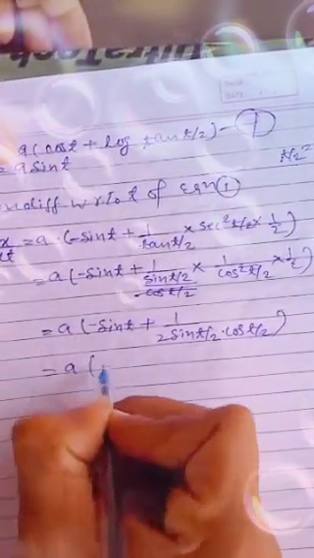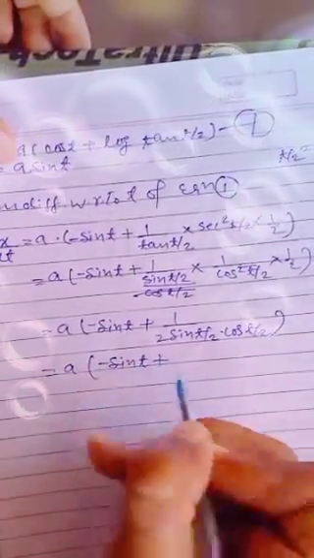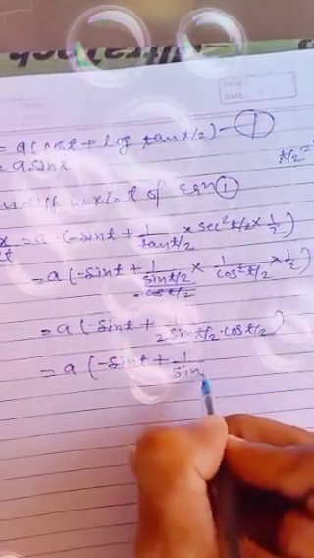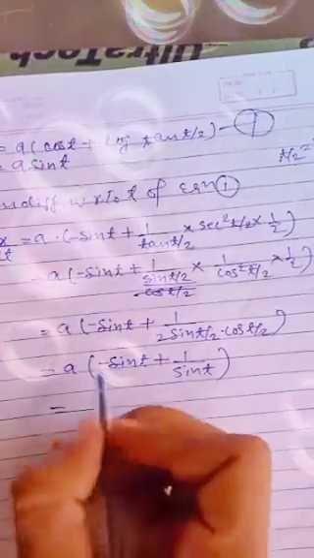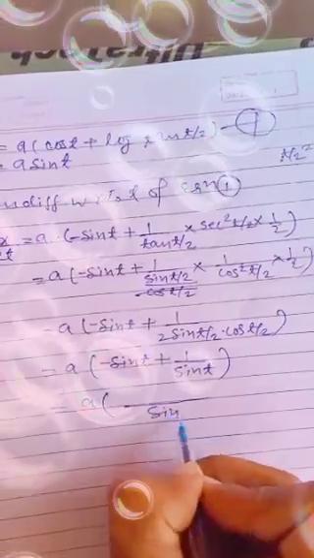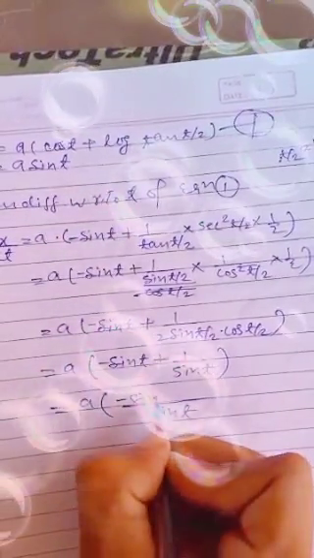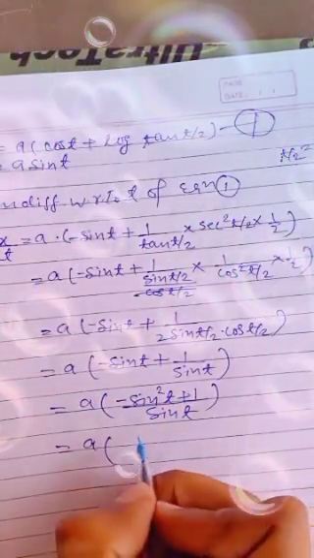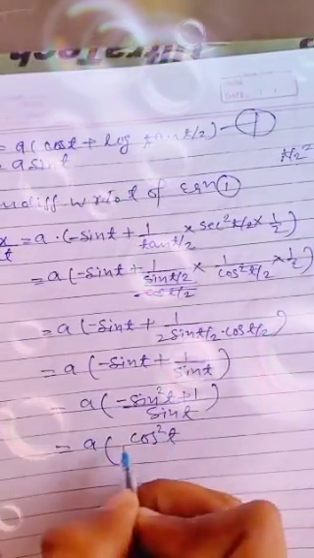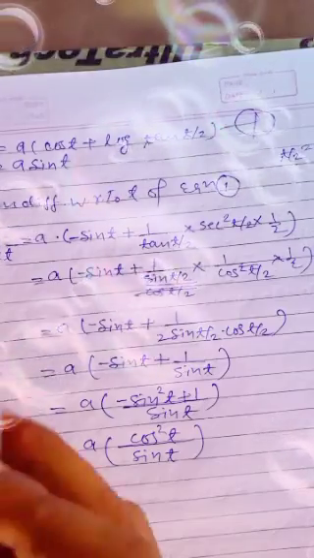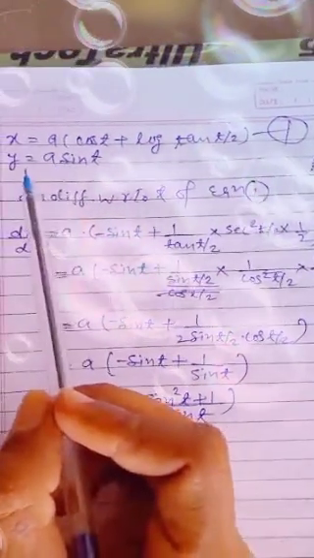Here a minus sin t plus, and it is the half angle formula of sin t. Now you take the LCM: a, so when you take LCM, here sin t minus sin square t plus 1, and 1 minus sin square t is cos square t, divided by sin t. Okay, now you can solve this equation.